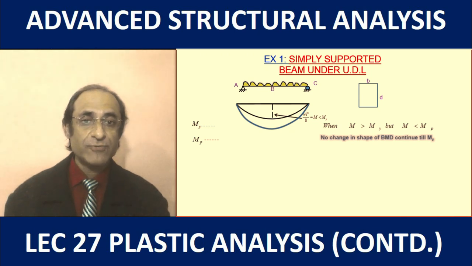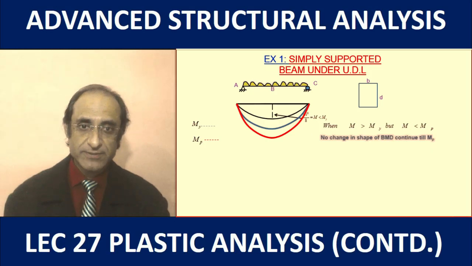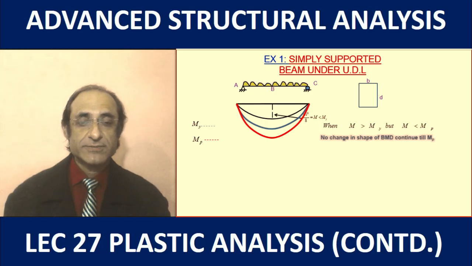And let's say we increase the bending moment further by increasing the applied UDL, and now the bending moment at the midpoint just touches the plastic moment capacity. Now if the load is increased further, the bending moment cannot increase beyond MP, and the point B will be converted into a plastic hinge. So this is the limit to the bending moment.